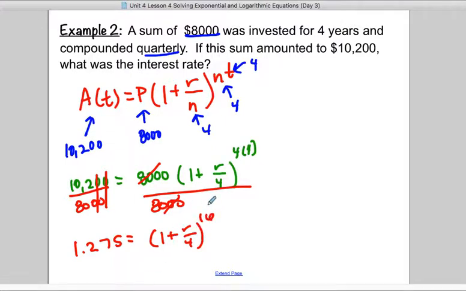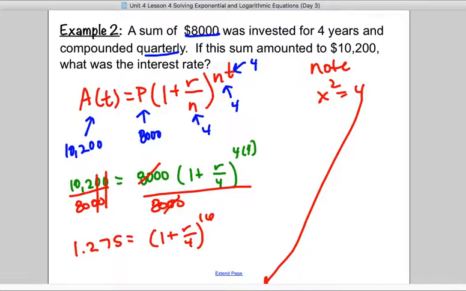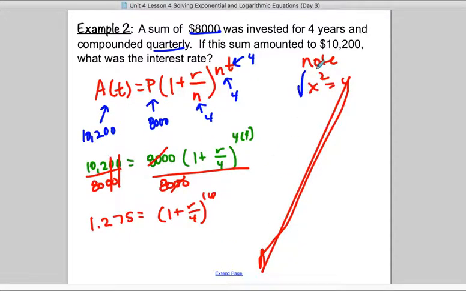Now, my exponent is not a variable. It is a number. So in order to get rid of numbers, this is a little side note, but if you guys had x to the second equals 4, you take the square root. So in this case, we don't need to take the square root, we need to take the 16th root.